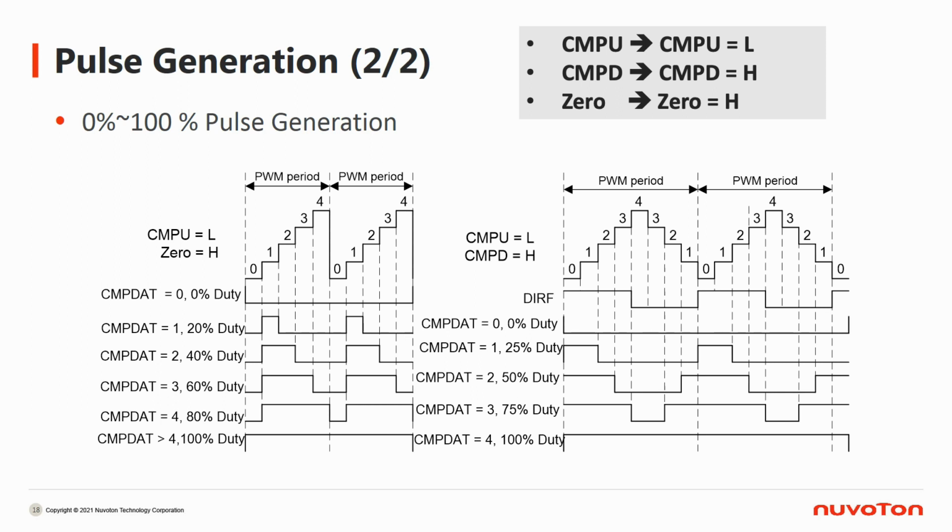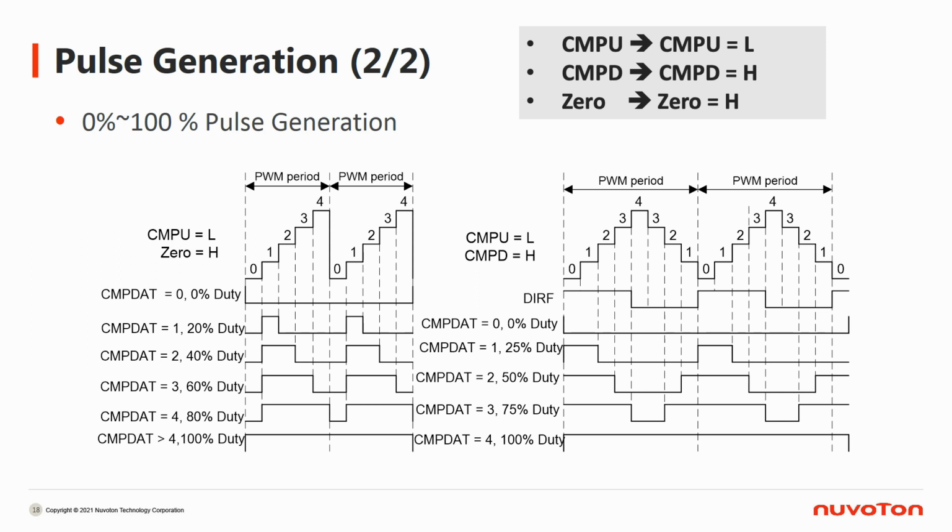CMPD means the counter is equal to the comparator when counting down. CMPD equals H means that when the counter is equal to the comparator when counting down, the output should be high. 0 means when the counter is reloaded to 0.